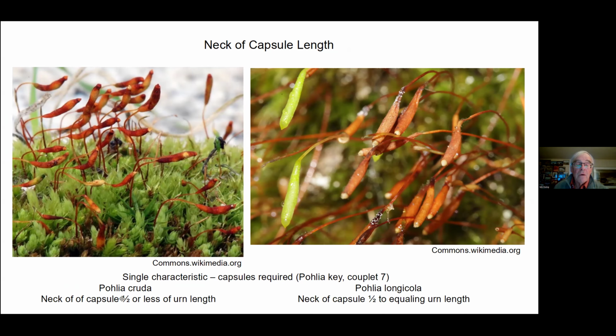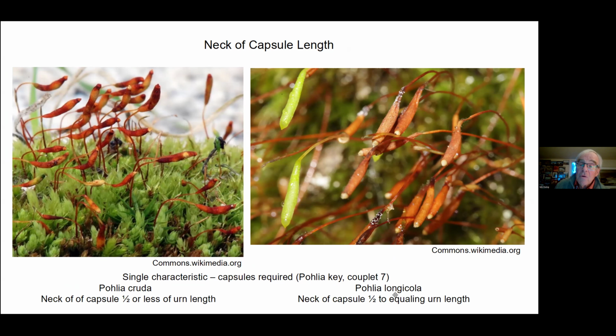And in the Flora Neomexicana, in Pohlia cruda, it says the neck of the capsule is half or less of the length of the urn. I left these on here because to me it's kind of difficult to tell where the neck begins and ends. But in this one, I think probably this is the neck.